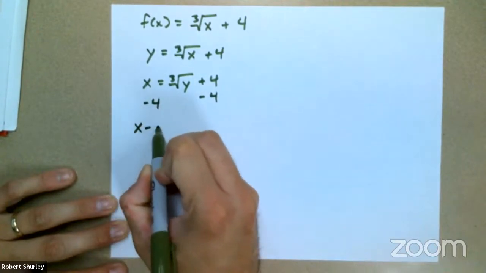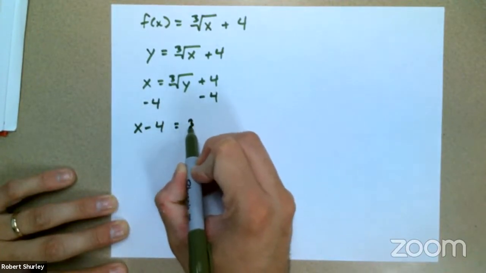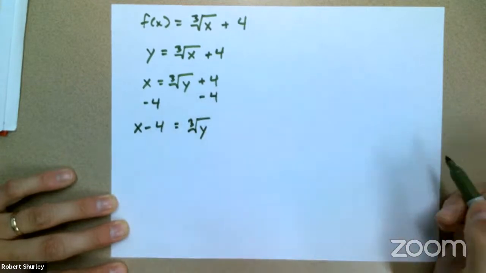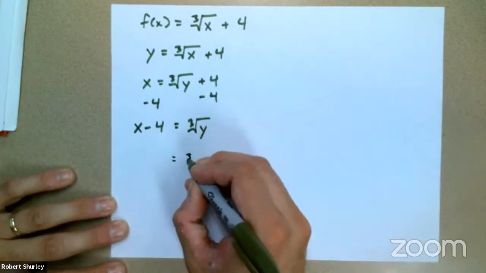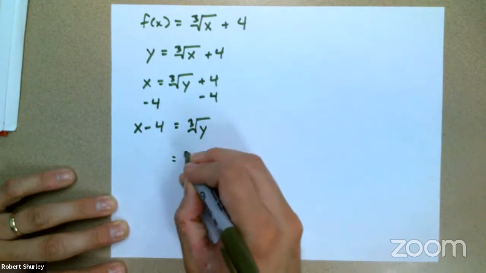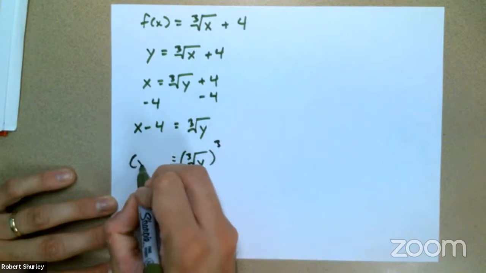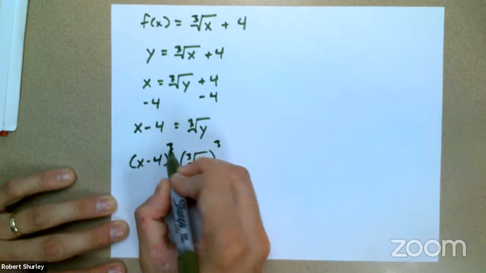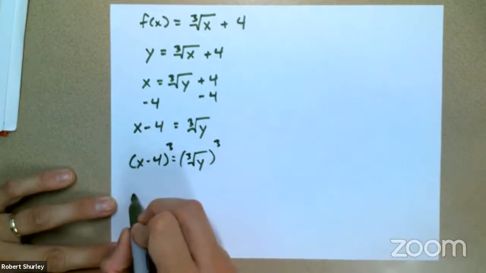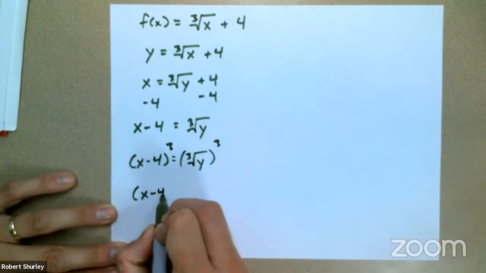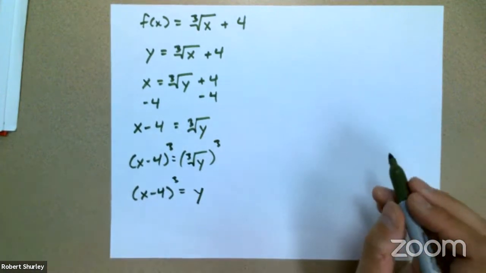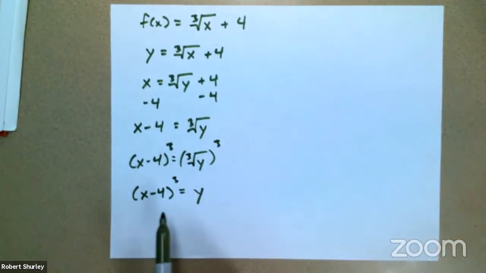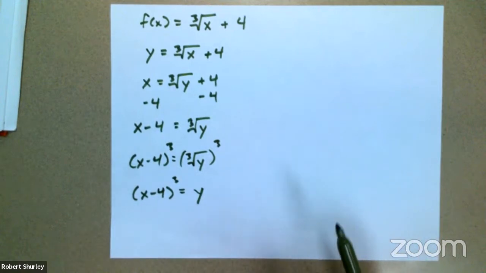So I get x minus 4 equals the cube root of y, right? Then to get rid of the radical, I've got to cube both sides. Okay, so I'll wind up with x minus 4 cubed equals y. And now look, this is a function because you don't end up with a plus or minus.